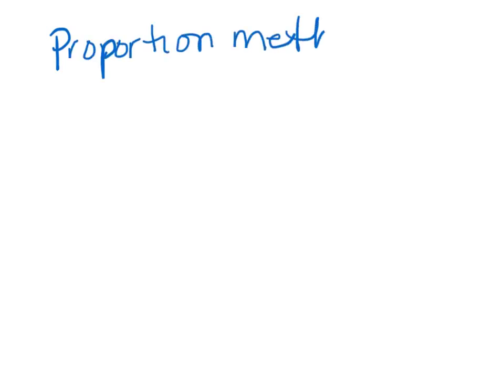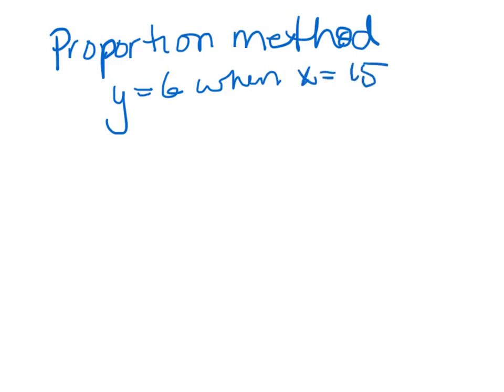The next one is using a proportion method. If they tell me that they vary directly, I know they're going to be proportional. So I can use this method. And I know y equals 6 when x equals 15. As long as I write proportions, in this case I'm always going to do y over x.